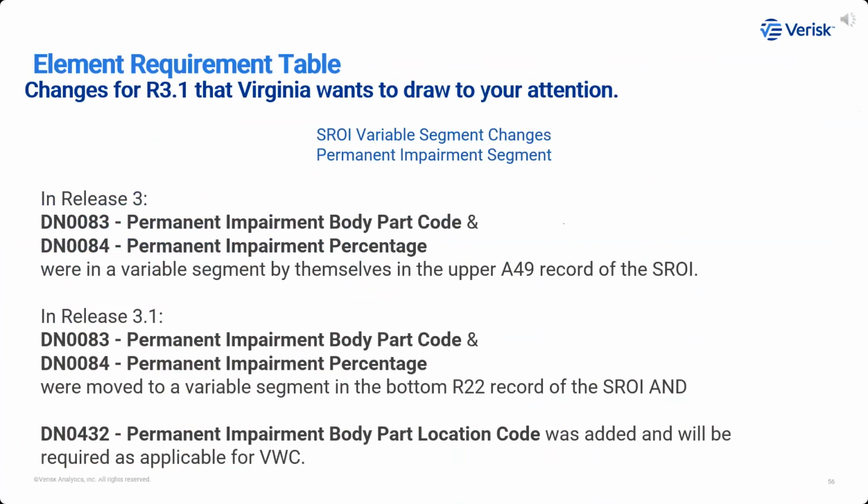The permanent impairment segment of the SROI has changed as follows. In Release 3, DN 0083 Permanent Impairment Body Part Code and DN 0084 Permanent Impairment Percentage were in a variable segment by themselves in the upper A49 record of the SROI. In Release 3.1, DN 0083 and DN 0084 were moved to a variable segment in the bottom of the R22 record of the SROI, and DN 0432 Permanent Impairment Body Part Location Code was added.